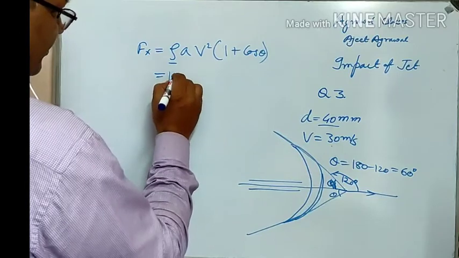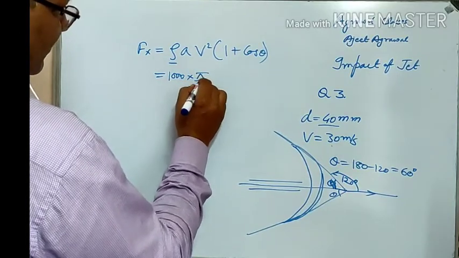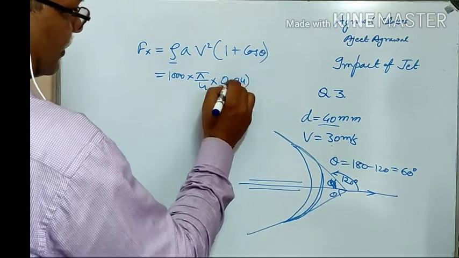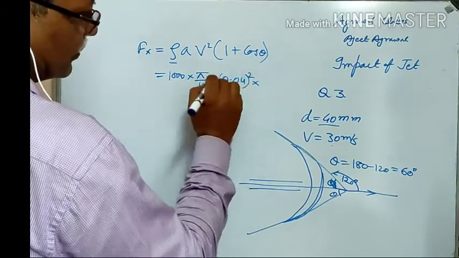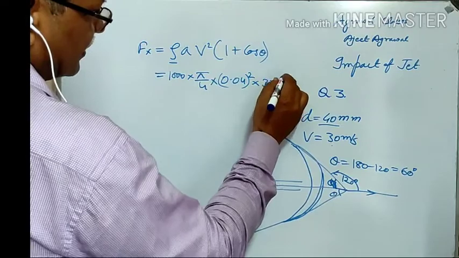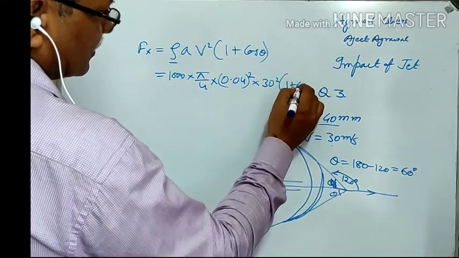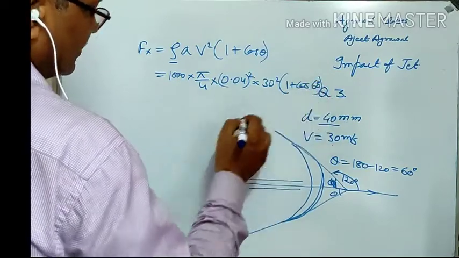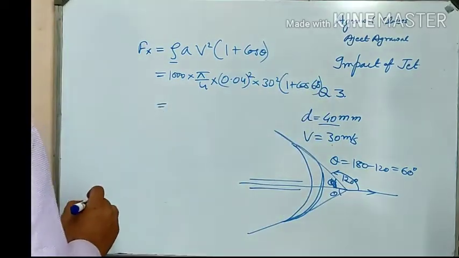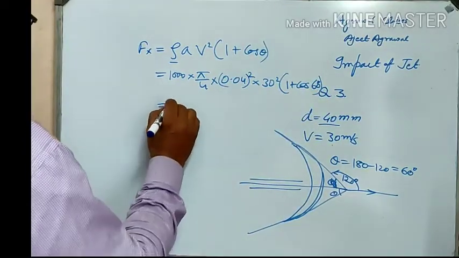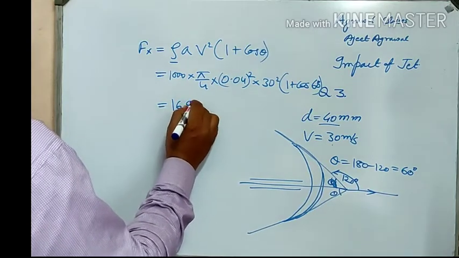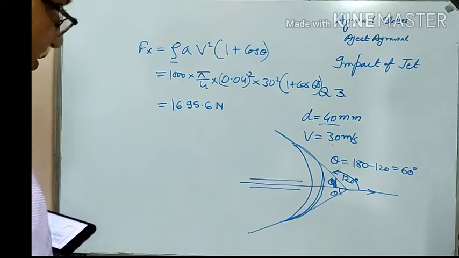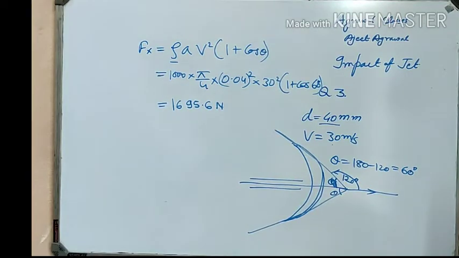So 1000 into pi by 4 into 0.04 square into 30 square into (1 plus cos 60). If we solve this, we get the answer as 1695.6 Newton. Only this one is required in this particular question.